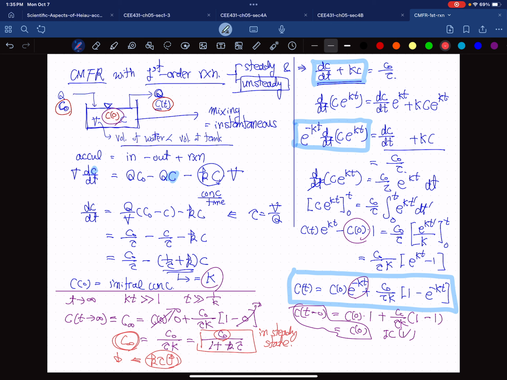How? k is a reaction constant, right? First order. So you cannot change it too much. One way is that you could change the chemicals to ones that can react better, but that is a big task. And the easiest way is increasing tau, the hydraulic retention time.